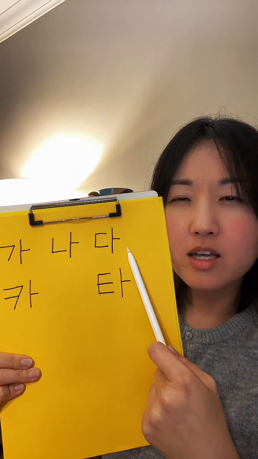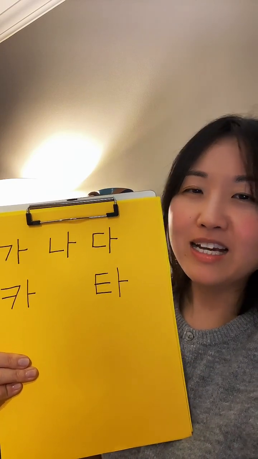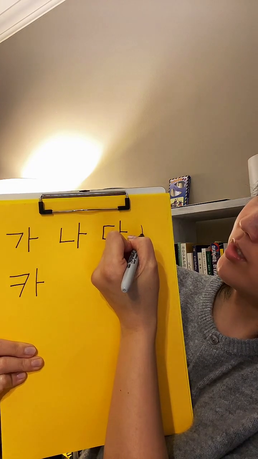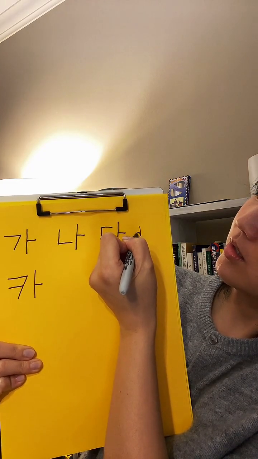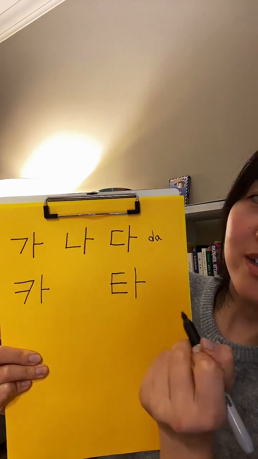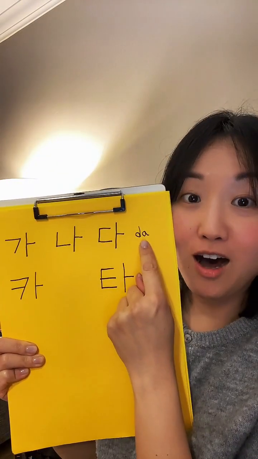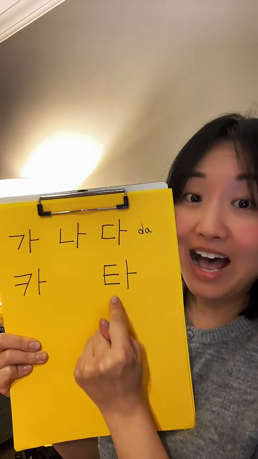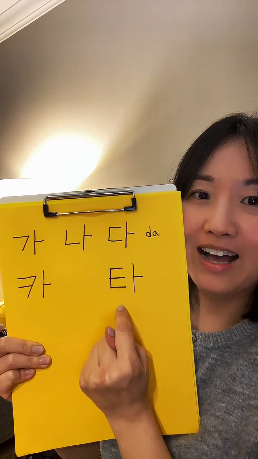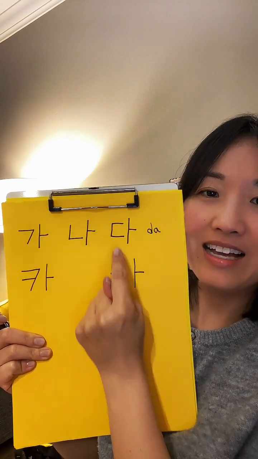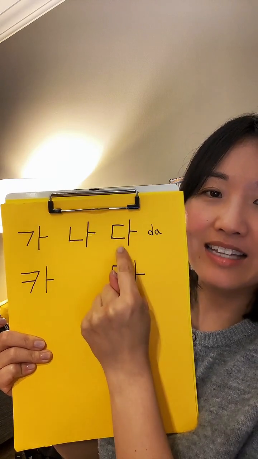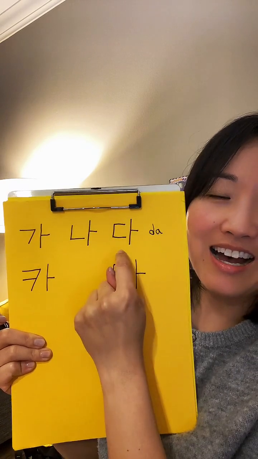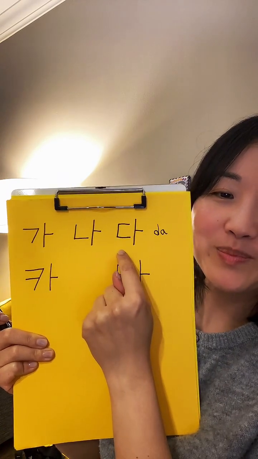Daw is like the Americanized English DA. I'm writing this backwards. Is this daw? Yay, okay. Daw versus ta. 다, 타, 다다다, 타타타. Does that help? 타다, 타다.